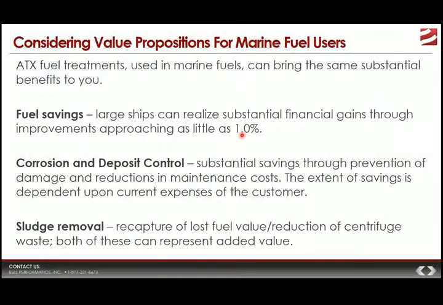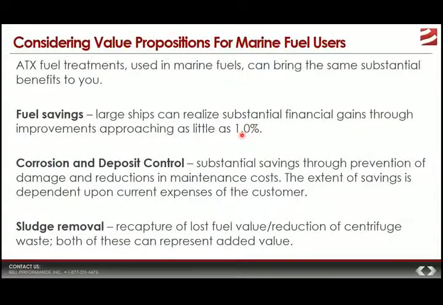Now, these are all on-land customers. Is there any difference between the value propositions for them and the value propositions for marine fuel oil users? Well, in one sense, not really. Marine fuel oil users want fuel savings. Even if you can reduce fuel usage by as little as 1%, that's a substantial financial gain, given that these large ships use so much fuel.